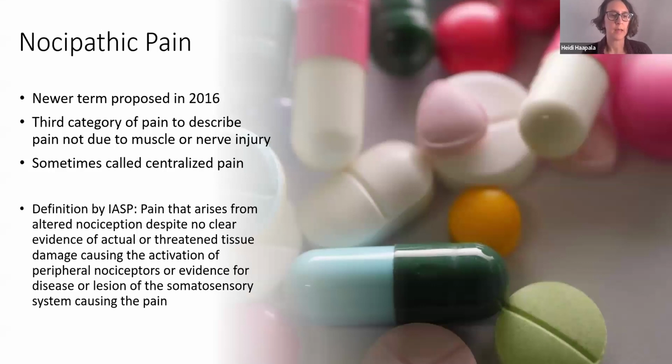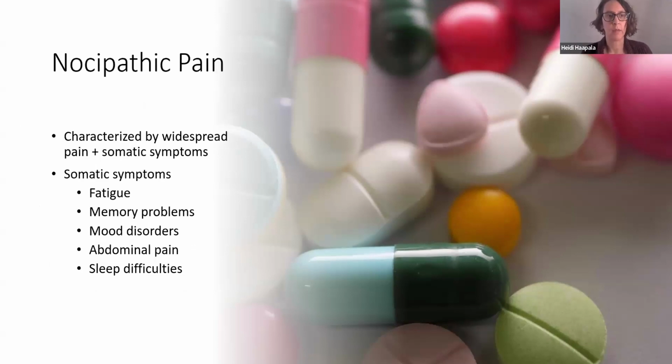And the definition by the IASP, which is the International Association for the Study of Pain, says it is pain that arises from altered nociception, or that sensing of pain, despite having no clear evidence of actual tissue damage. So it's a pain that is present even if we can't figure out why it's there.